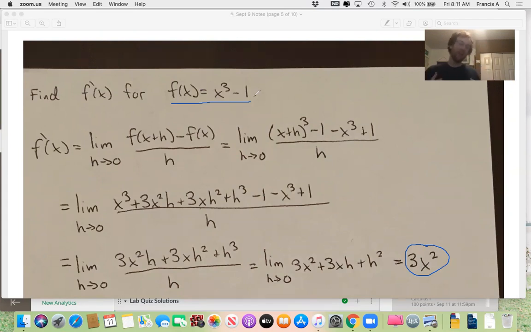So instead of having to do a limit every single time, you do this limit once, leaving the x as a variable, now you can say, if you just put the x's in here, evaluate it, and that gives you whatever slope you want.